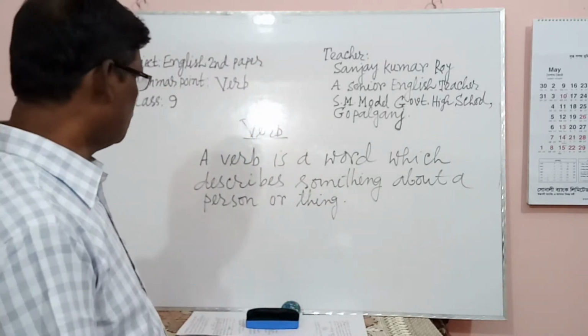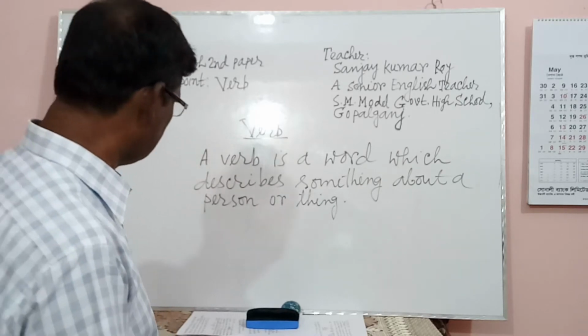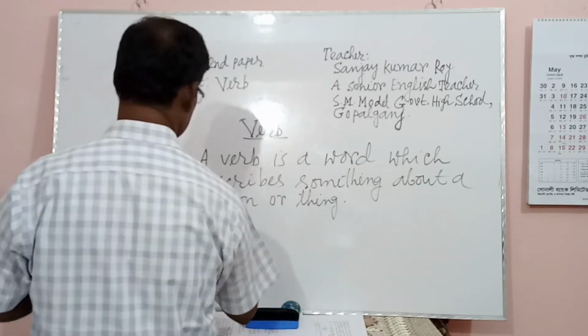A verb is a word which describes something about a person or thing.